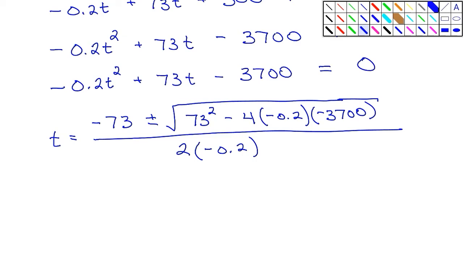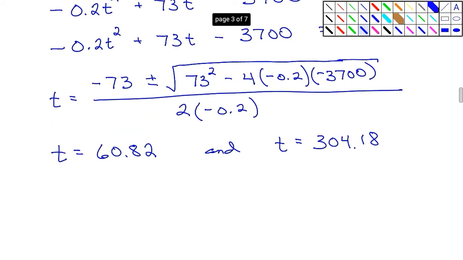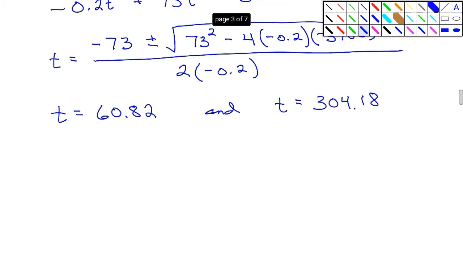And when you work that out, you get t is equal to 60.82 and t is equal to 304.18. Now we still need to do a sign chart to determine where it is greater than 0, where it exceeds the 4,000 cattle. So we create a sign chart.